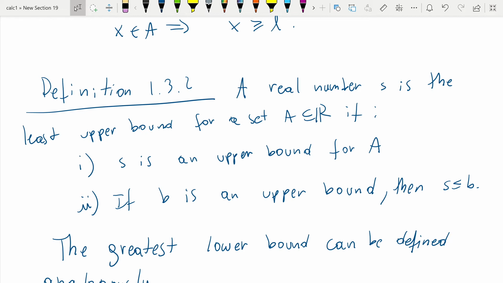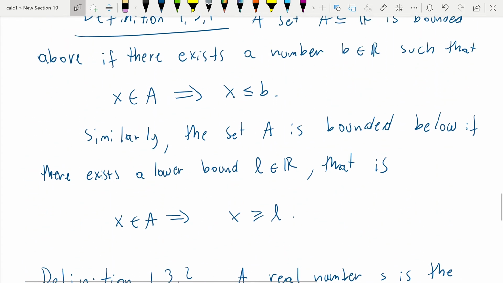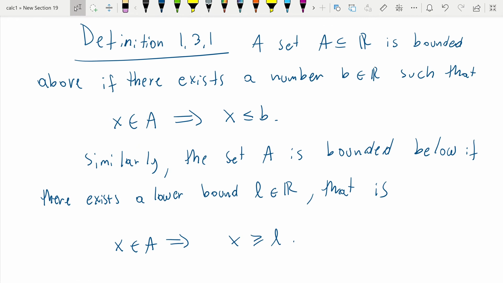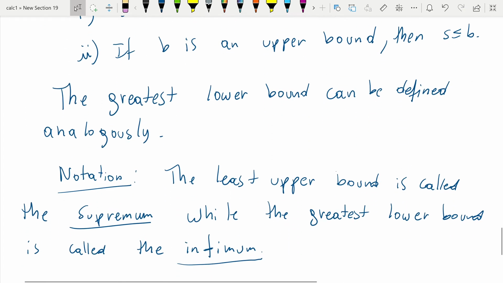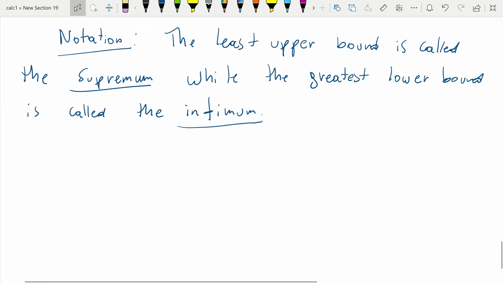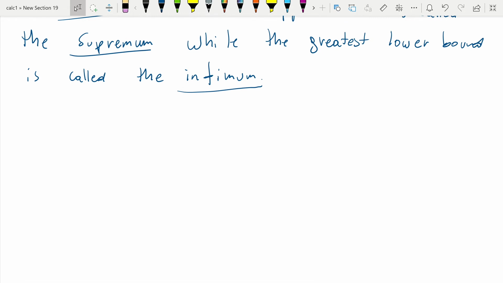I mean, we can use either one when we're referring to these numbers. Okay, so we have now every definition in place, starting from the definition of an upper bound and lower bound. And now we have the notation for these numbers, called now the supremum and infimum.